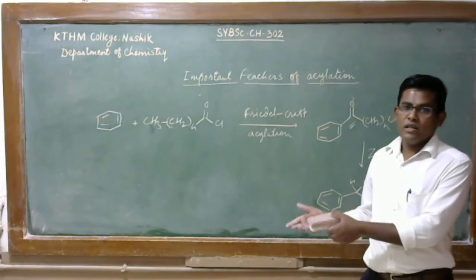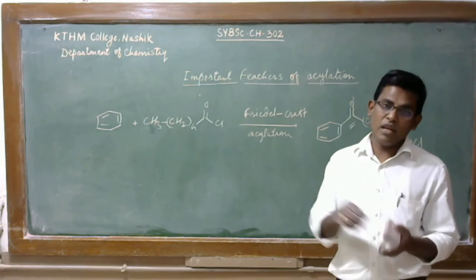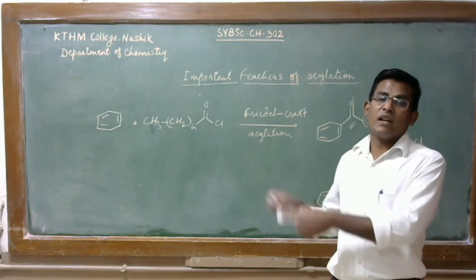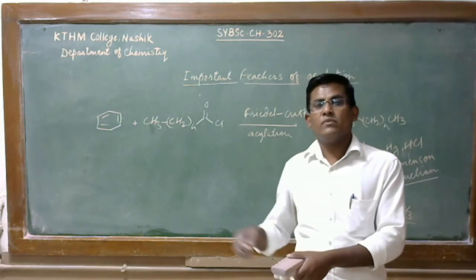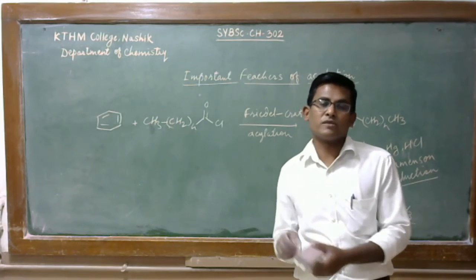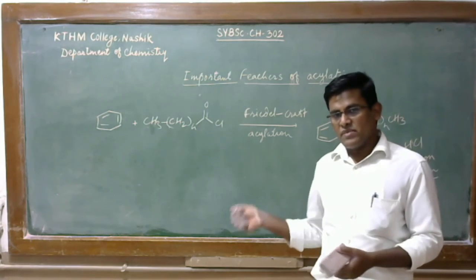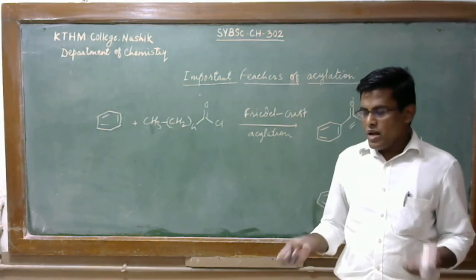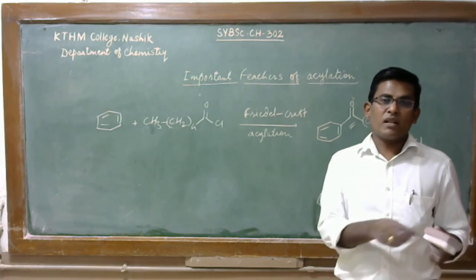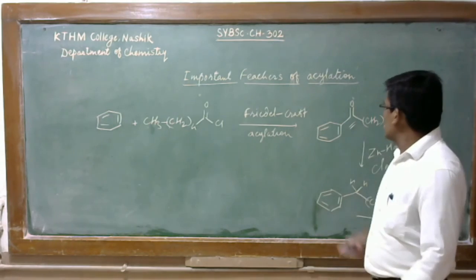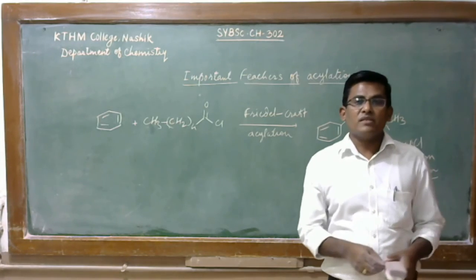On the other hand, when we introduce the acyl group into the ring, the benzene ring gets deactivated, and because of that deactivation, further Friedel-Crafts acylation will not take place. This is one of the most important features of the acylation reaction. And unlike Friedel-Crafts alkylation, rearrangement of the carbocation will not occur, because the acylium ion will directly approach the benzene ring.